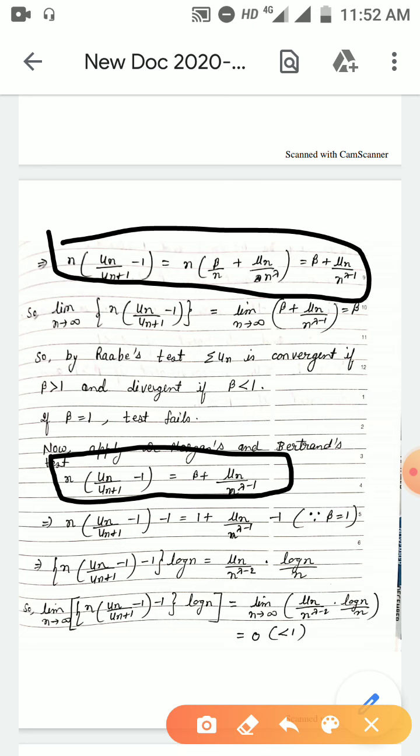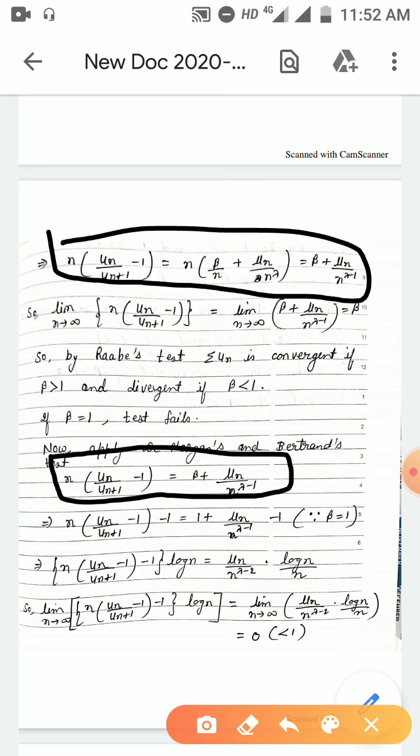So we will set it in the form of De Morgan's and Bertrand's test. So subtracting 1 from both sides, we will get n times un by un plus 1 minus 1, minus 1, is equal to 1 plus mu n by n to the power lambda minus 1, minus 1. Since in this case beta is equal to 1, we have put 1 in the place of beta.